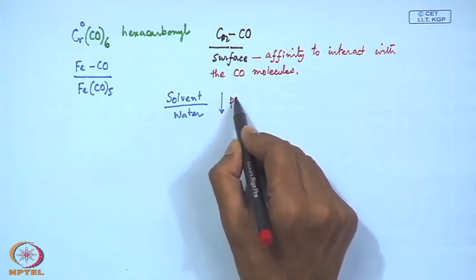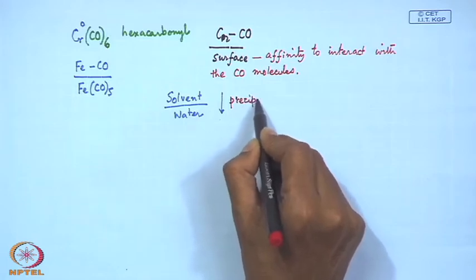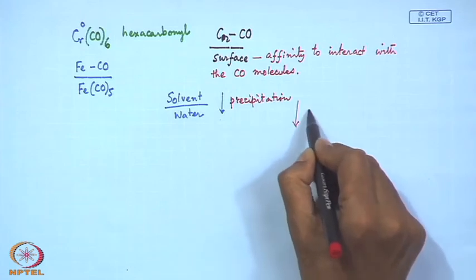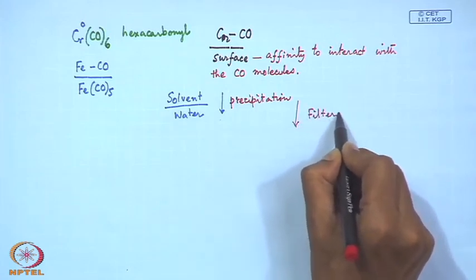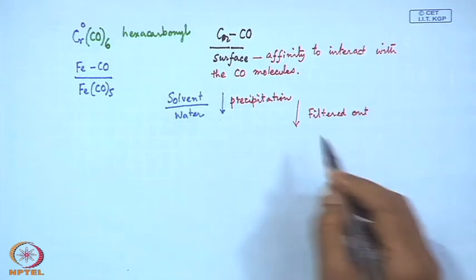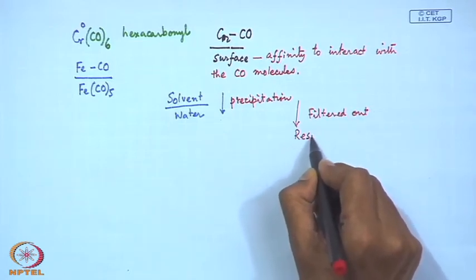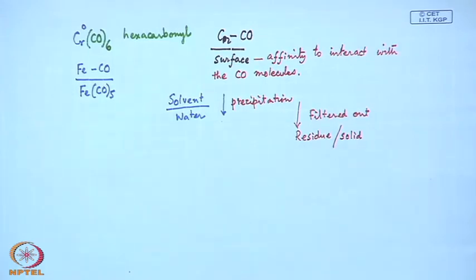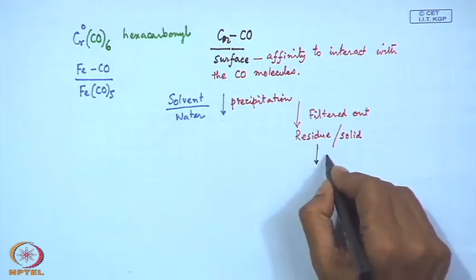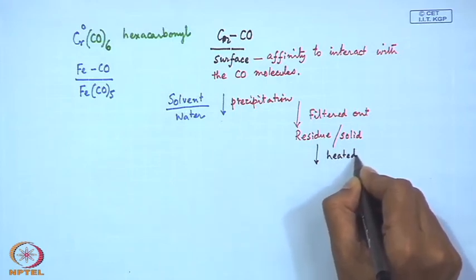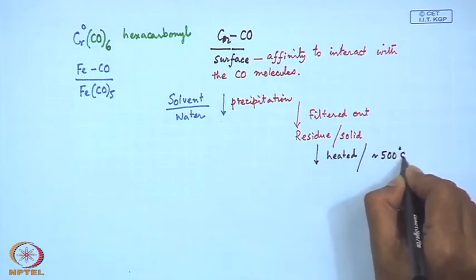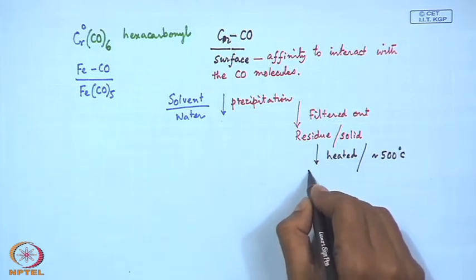So, we have the precipitation which can be filtered out, we get the residue as a solid product, we dry it and then we heat it at a particular temperature, say about 400 or 500 degree centigrade, giving the useful catalyst.